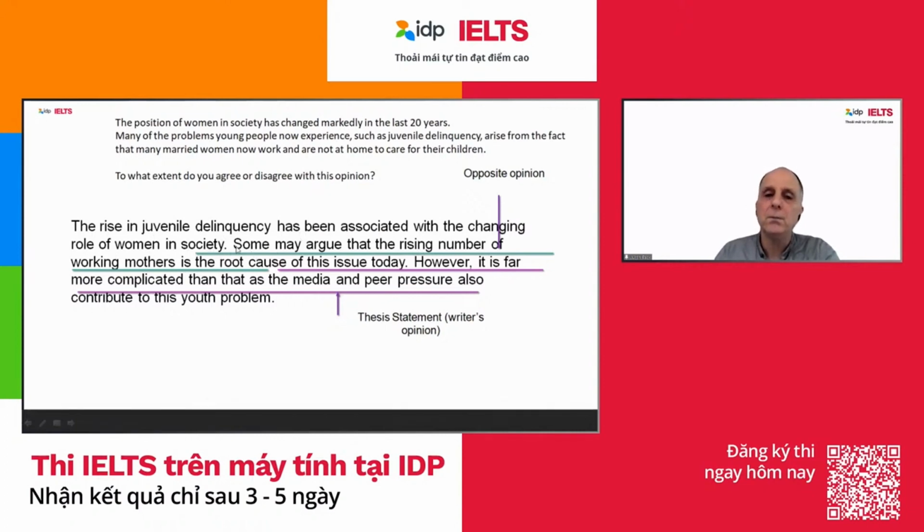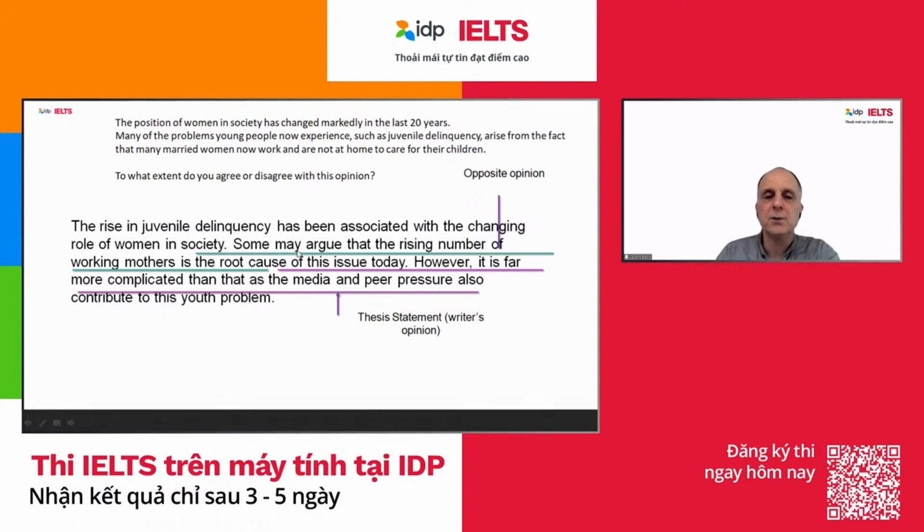So we've got the opposing opinion: "Some may," there's our hedging or modal, "argue that the rising number of working mothers is the root cause of this issue today. However," and this is your opinion if you're writing, "it is far more complicated than that, as the media and peer pressure also contribute to this youth problem."